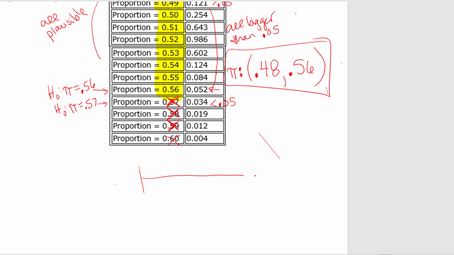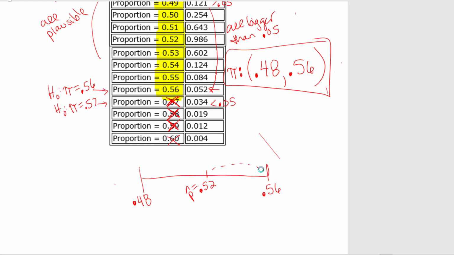Notice we're saying that our interval of plausible values for pi spans from 0.48 up to 0.56. If we want to write it with our margin of error notation, I have to find the value right in the center of that. So if you add those together and divide by 2, you get 0.52, which must be the value of our statistic, because remember the statistic is always right in the middle of the confidence interval.